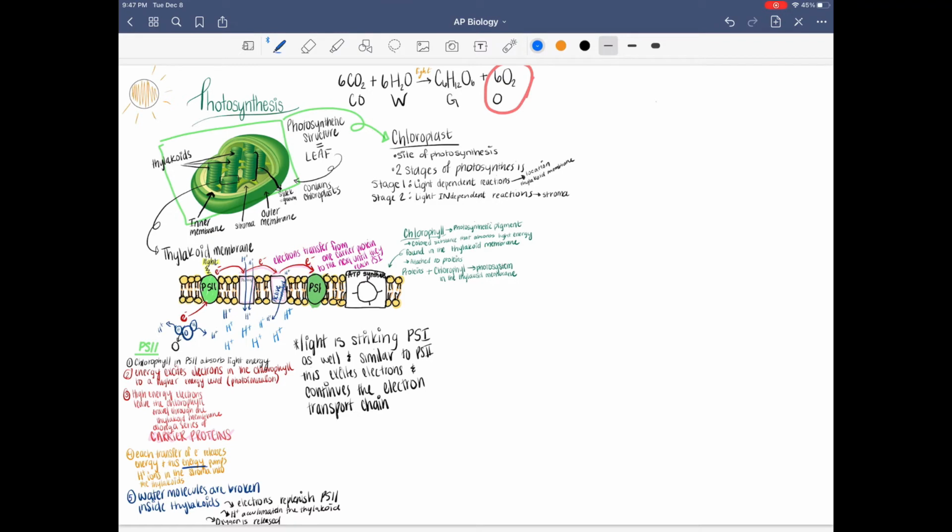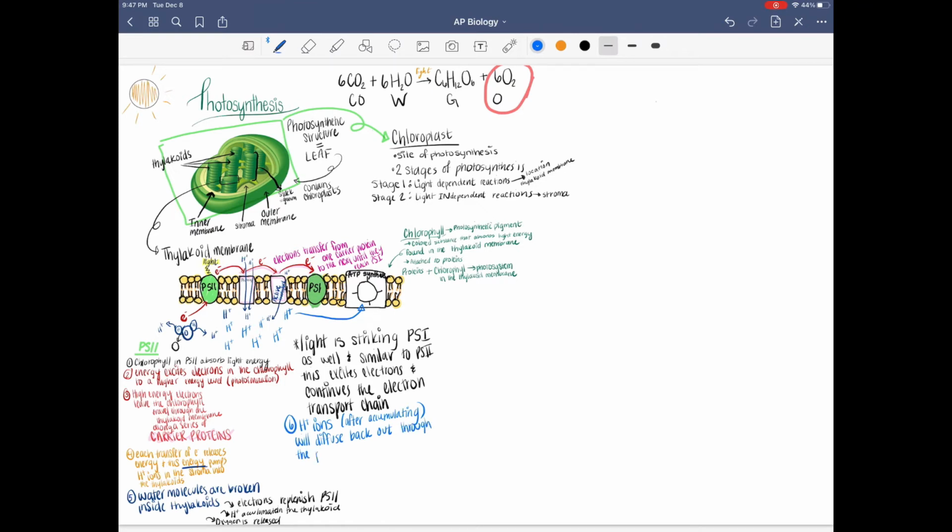And now let's go ahead and talk about those hydrogens. These hydrogens that we accumulated, now that we have an area of high concentration for our hydrogen ions, once they've accumulated, they are going to diffuse through ATP synthase. Okay, so very similar to when we did cellular respiration.